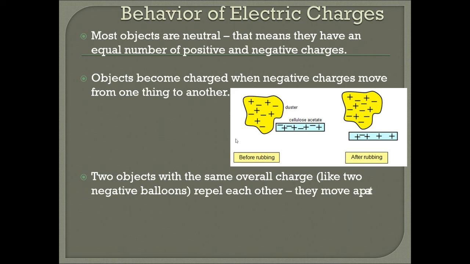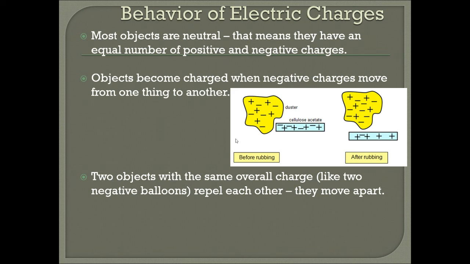So, example, if I took a balloon and somebody in class let me use their hair, I blow the balloon up. I take the balloon, I rub it against somebody's hair. Okay? That balloon now becomes negatively charged. Why? Because electrons or negative charges from the person's hair move to the balloon. So now the balloon is more negative. That person's hair now is more positive.